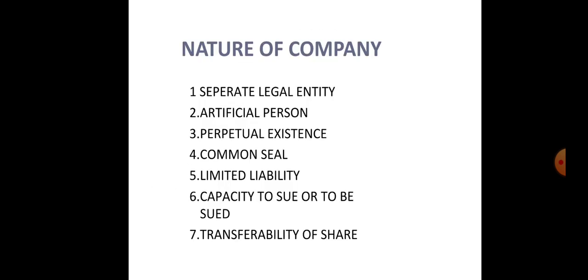Now coming to the nature of the company. We define the nature of the company as a separate legal entity, also called an artificial person, with perpetual existence, a common seal, limited liability, and the capacity to sue or to be sued.